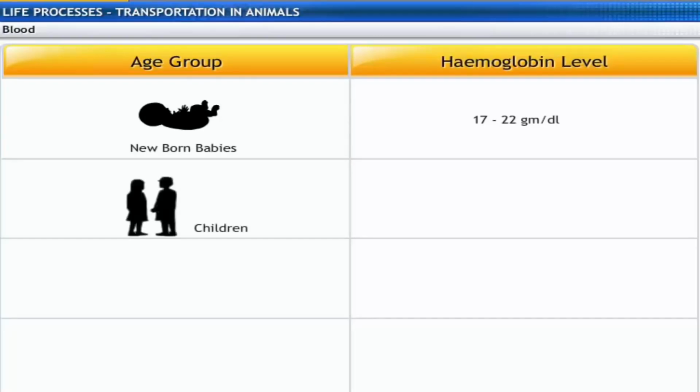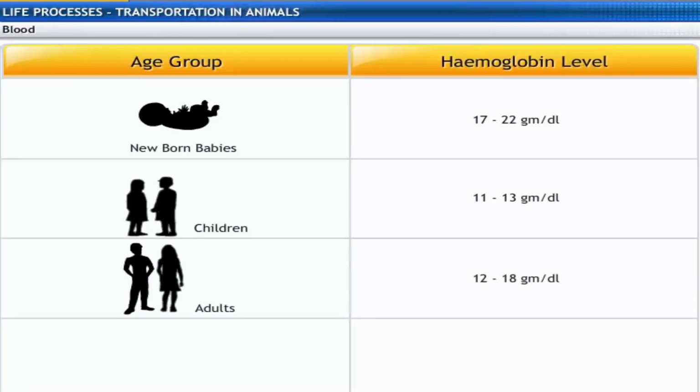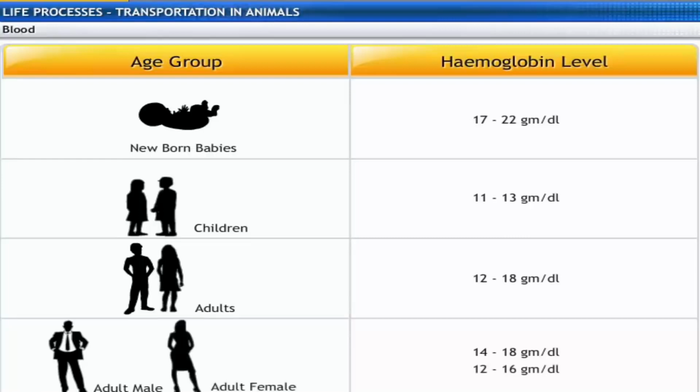For children, the normal range is in between 11 and 13 gram per deciliter, and for adults, it is between 12 and 18 gram per deciliter. An adult male has a hemoglobin level between 14 and 18 gram per deciliter, and in adult women it is between 12 and 16 gram per deciliter.